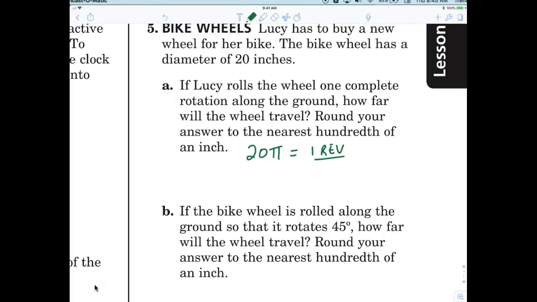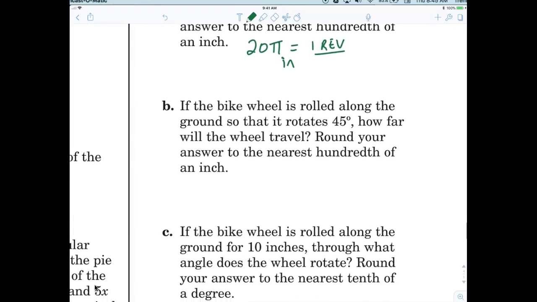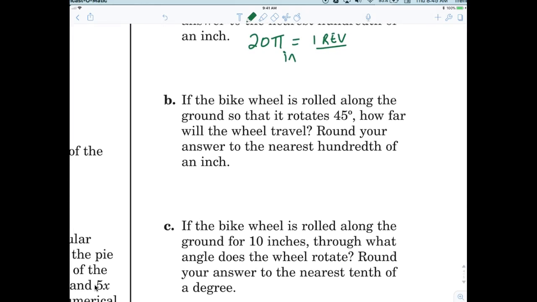So if you were to roll a wheel down the road, if you let the wheel rotate one time, it will be one circumference. That's the answer, 20 pi. So it'd be 20 pi inches down the road. Now it says, if the bike wheel is rolled along the ground so it rotates 45 degrees.